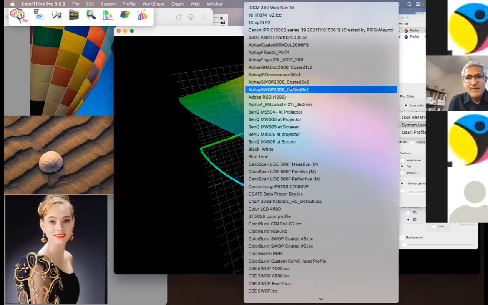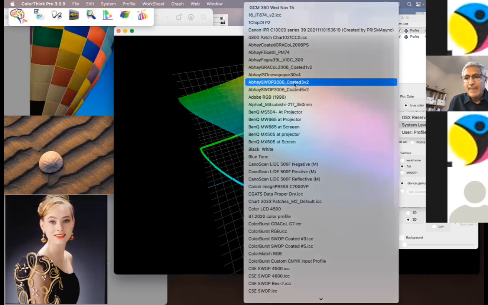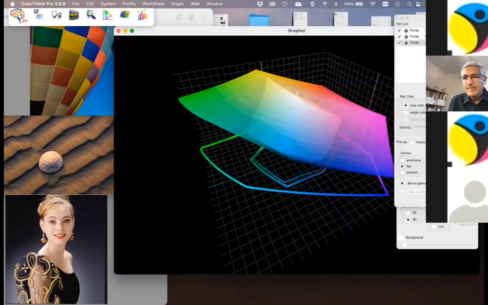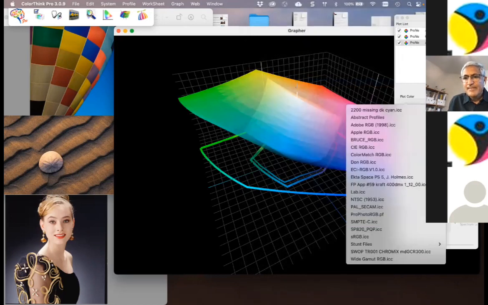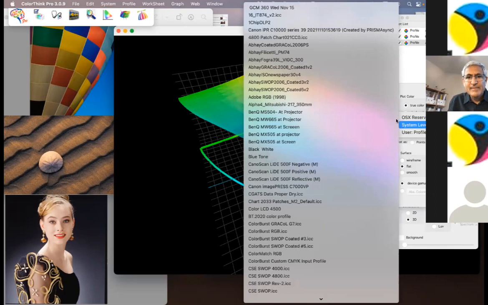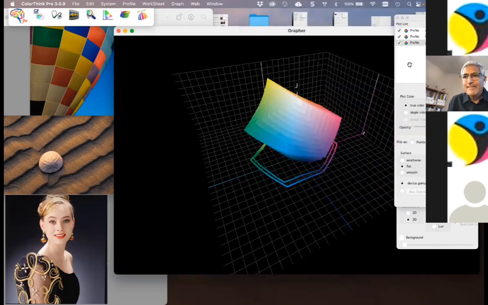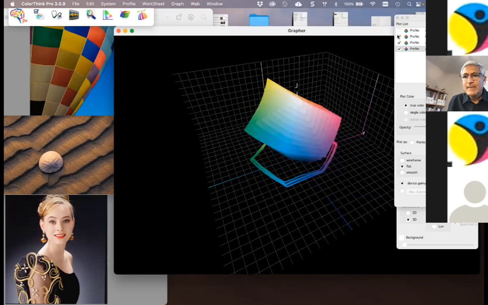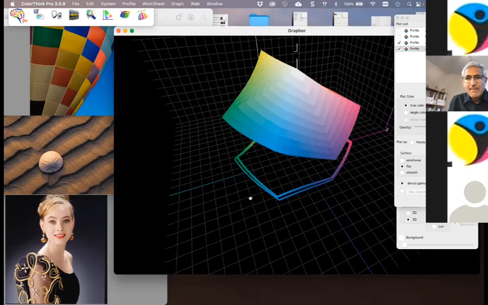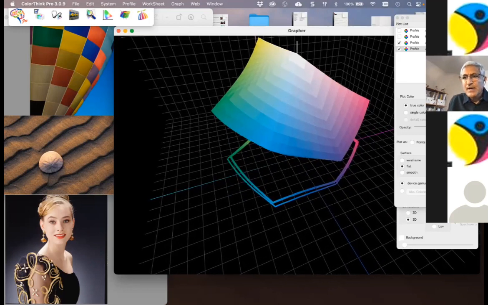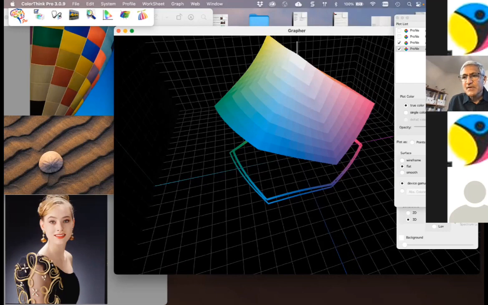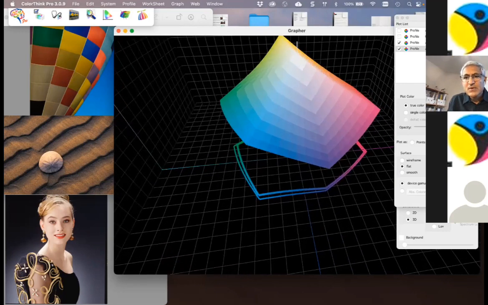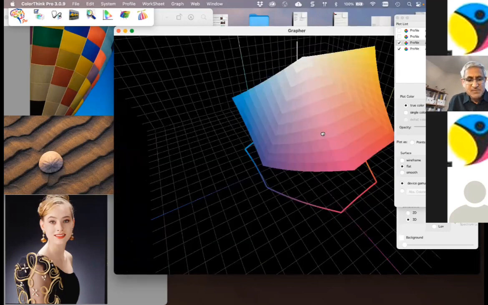Oh, here they are. Coated 3 and coated 5. And so let me make this a bit bigger. So here are different levels of coated paper. And if we look at this, we can see, I'm going to stop this spinning.